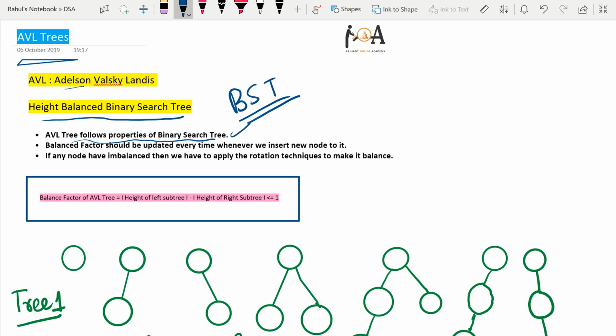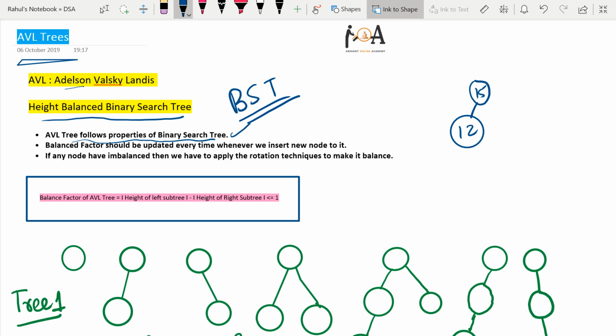Now what are the properties of a binary search tree? For AVL trees you must know the basics of BST. Suppose 15 is a node, and a new node comes that is less than 15, like 12. Then you add that node on the left side, because it is the property of BST that a node with less weight than the current node goes into the left subtree.